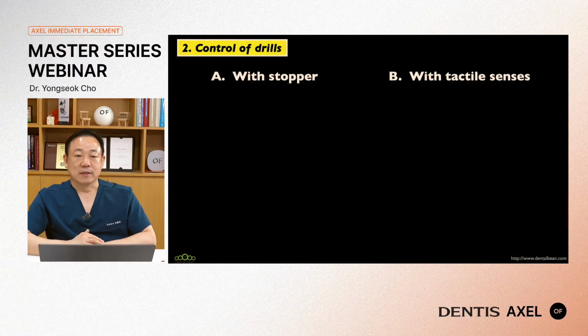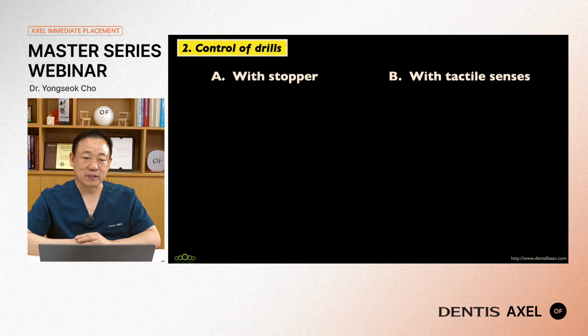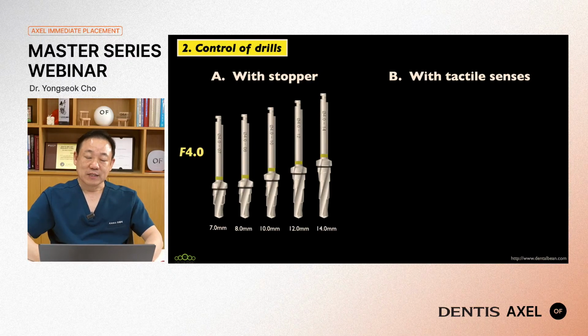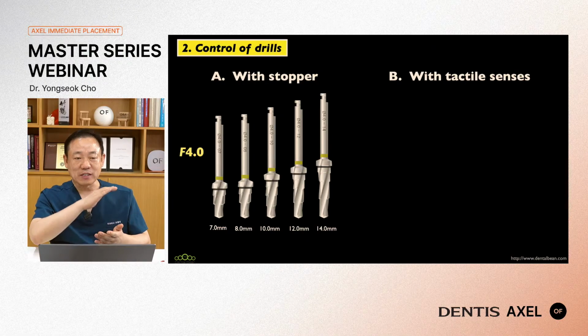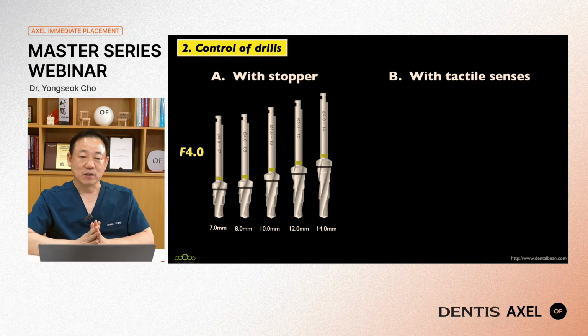Second, control of drills. During the osteotomy, we have 2 techniques to control drill depth. One is with a stopper, another is with tactile sense. When it is a healed site or a very strong septum exists, we can control drill depth using the drill stopper.